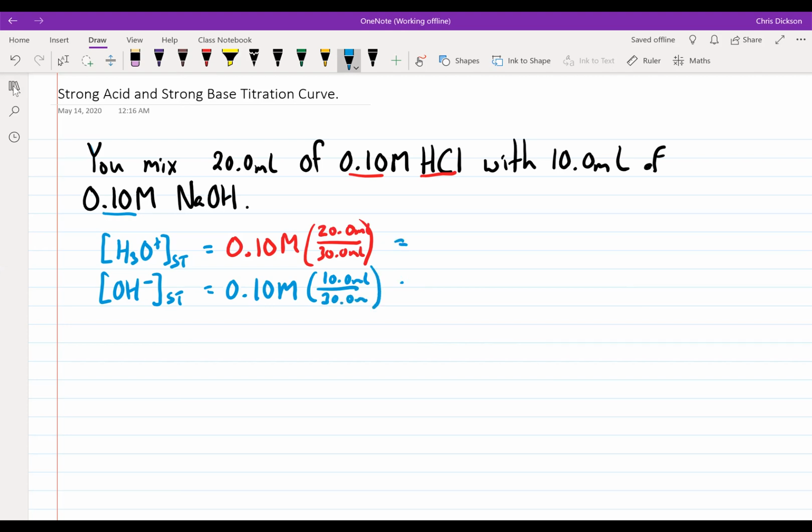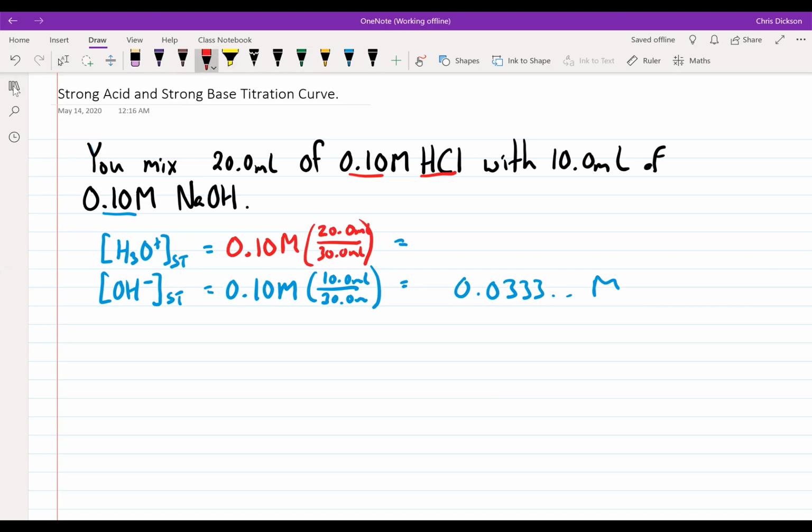So if I work that out, we have 0.1 times 1 divided by 3, so I'm getting 0.0333 molar.